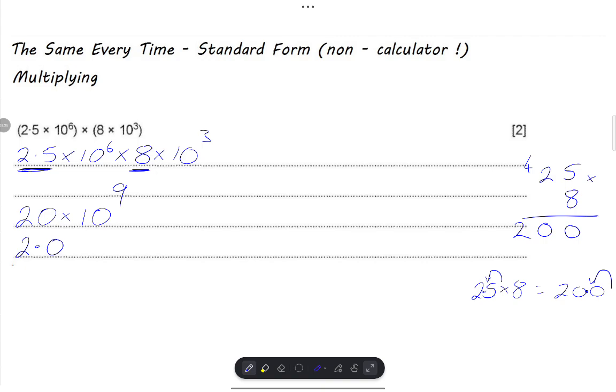So 2.0 times 10 to the power. I've divided my 20 by 10 to make 2.0, or just 2. So to cancel out my divide by, I must multiply the 10 to the power 9 by 10, add 1 to the power, gives me 10 to the power 10. So 20 times 10 to the power 9 is 2.0 times 10 to the power 10 in standard form.